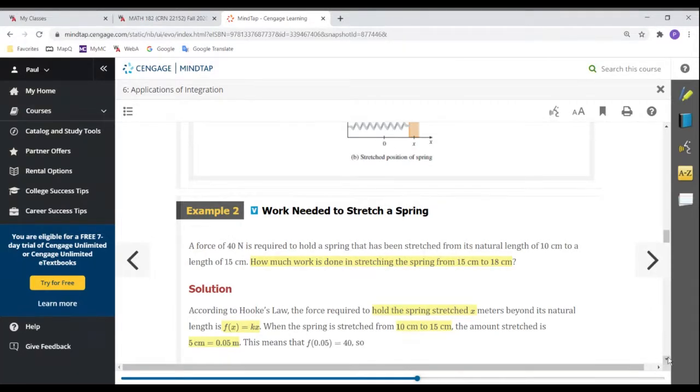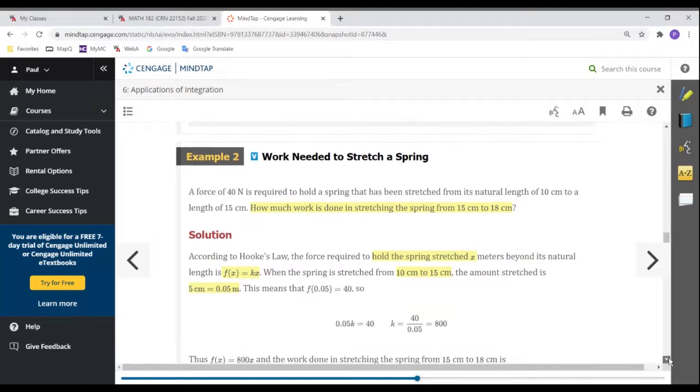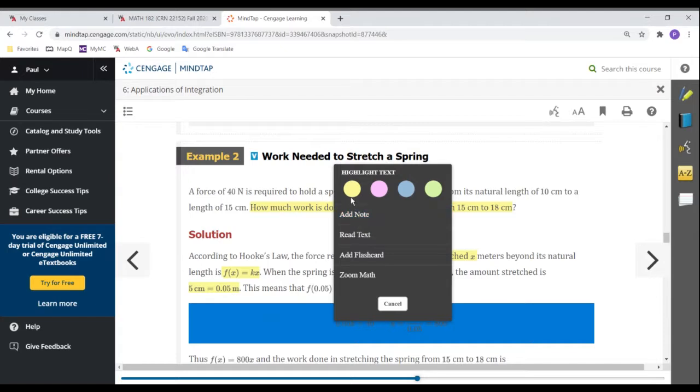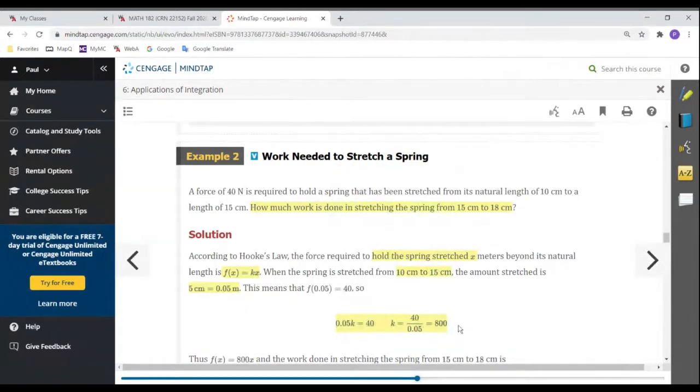So then by Hooke's law, they're telling you that you're using 40 newtons, so 40 newtons equals 0.05 times k. To compute the work, you have to figure out your spring constant k. So 0.05 times k is equal to 40, hence k equals 40 divided by 0.05, which is 800. Are there any questions so far up to this step here?